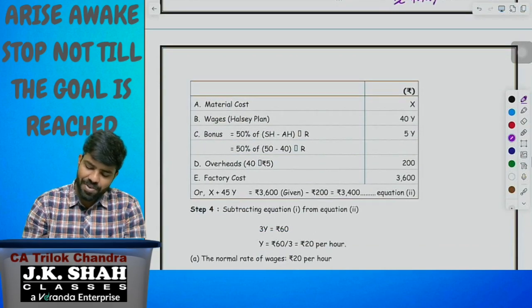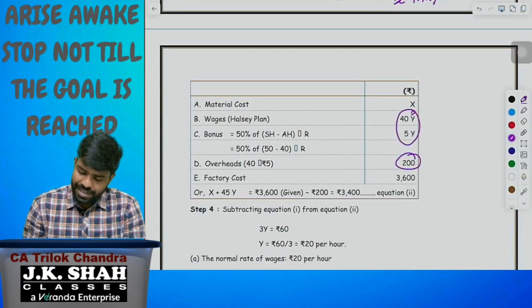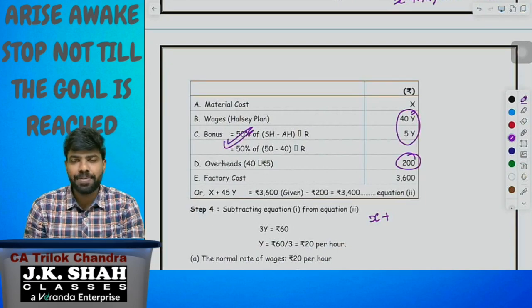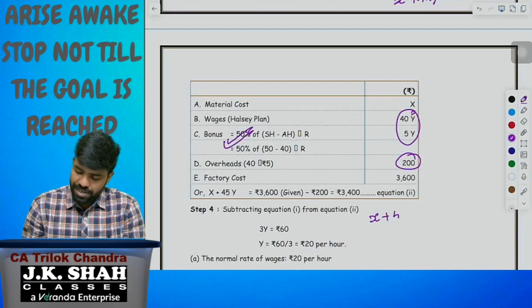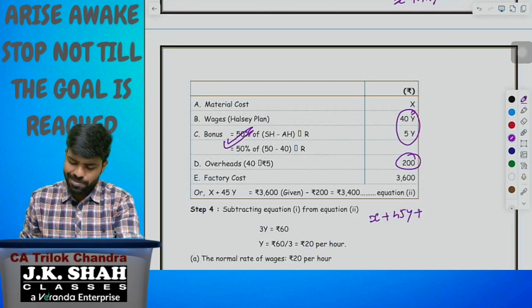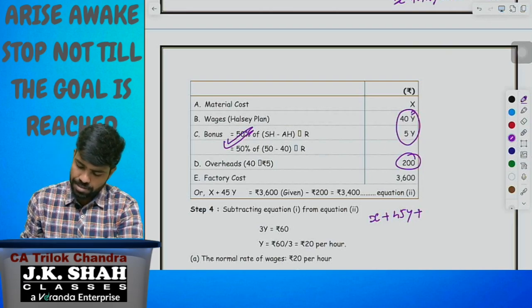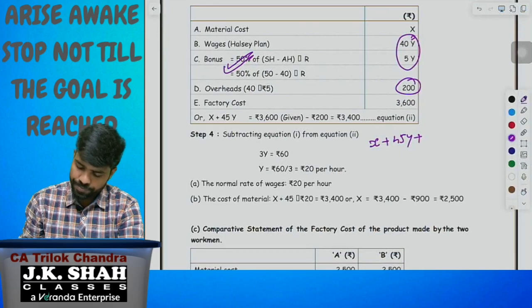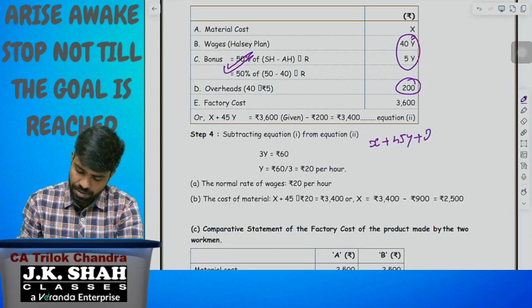In the same way, we write the equation for B, but the only change is that the bonus is under the Halsey scheme: 50% of time saved into time rate. So x plus 45y plus 200 equals 3,600.